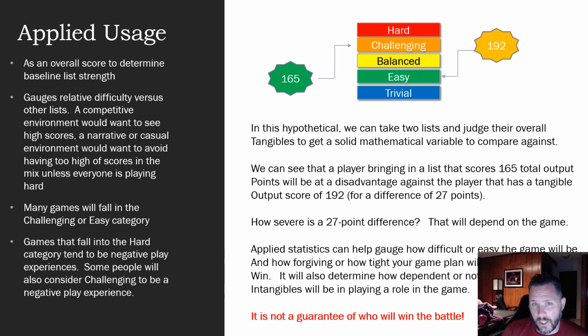Honestly, at this point, I don't know in Conquest what category the lists fall in based off their numbers. I can tell you from other games that 27 points or so in a game where list building is key and crucial, like Age of Sigmar, is a very significant difference.